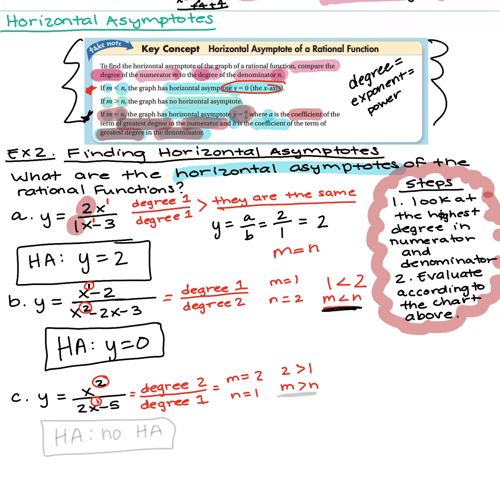Well, what is m greater than n? That would be the second rule right here. M is greater than n, so there are no horizontal asymptotes. So for the horizontal asymptote, we would say no HA. And that will always be true when m is greater than n.